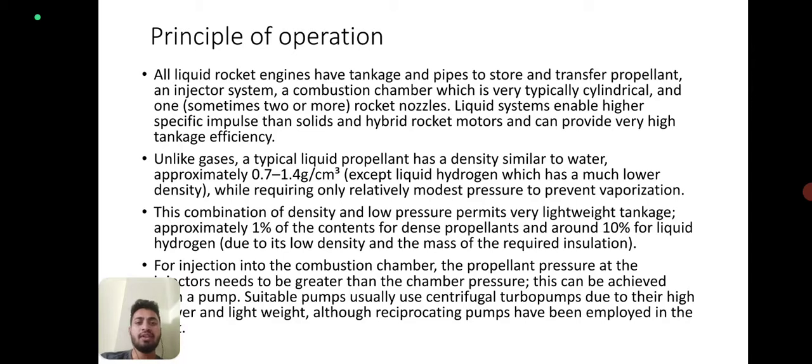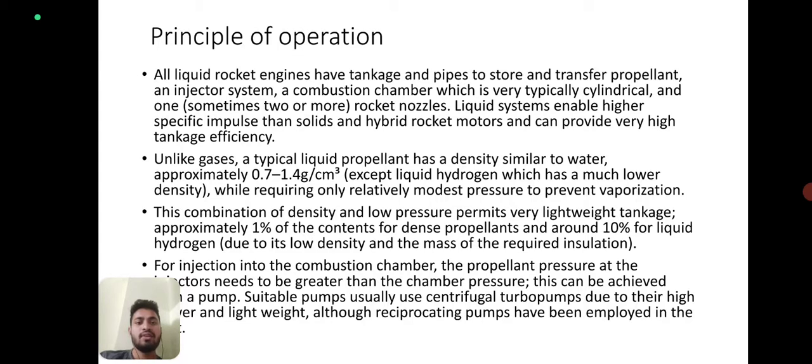Unlike gases, a typical liquid propellant has a density similar to water, approximately 0.7 to 1.4 gram per centimeter cube, while requiring only relatively modest pressure to prevent vaporization. This combination of density and low pressure permits very lightweight tankage, approximately 1% of the contents for dense propellants, around 10% for liquid hydrogen.